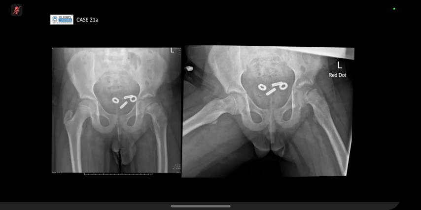This is a pelvic X-ray for a skeletally immature patient, showing widening in the growth plate at the left hip and the left femoral head epiphysis. It's showing posterior medial disruption.